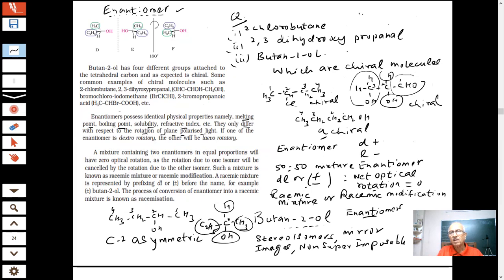What is your answer? One, I define enantiomers. Second, I define a 50-50 mixture of enantiomers. What is that known as? A racemic mixture. Okay, sir. Racemic mixture. Note it down.